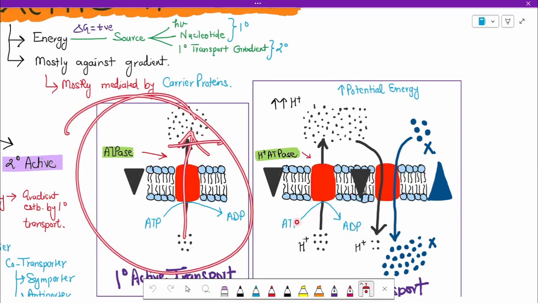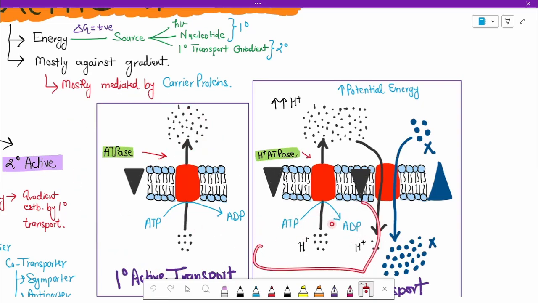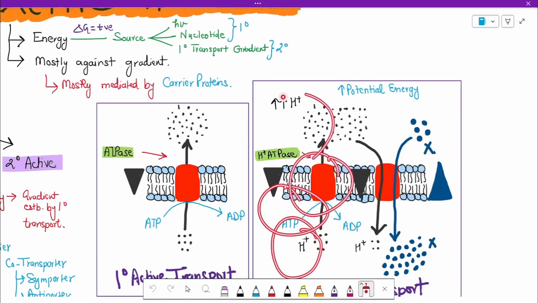In secondary active transport, primary active transport is still happening, transporting protons against the concentration gradient. Since it is transporting protons and using ATP as the energy source, we say this transporter protein is an H+ ATPase. This primary transport is establishing a stronger gradient. More and more protons accumulate outside the cell.